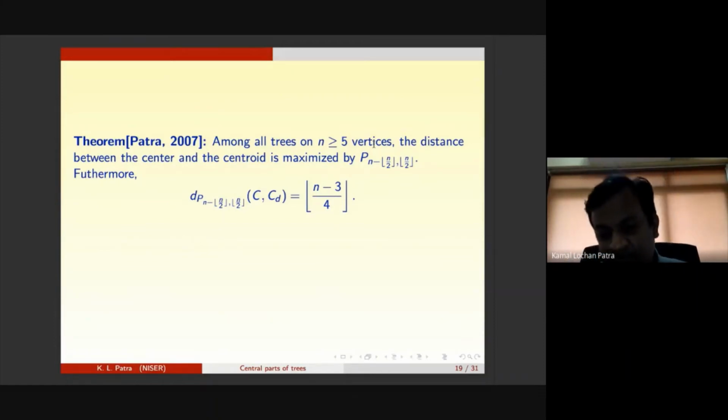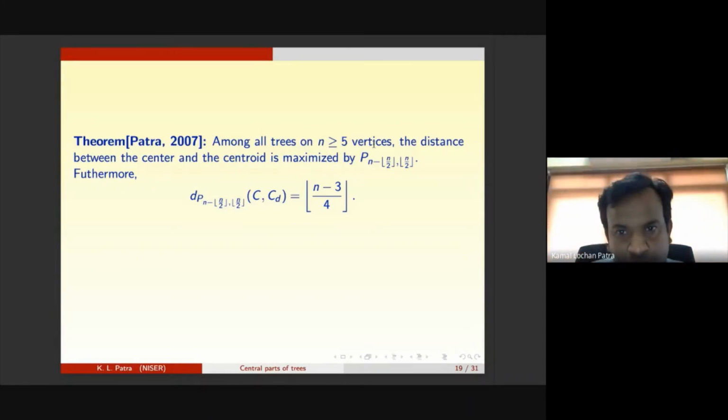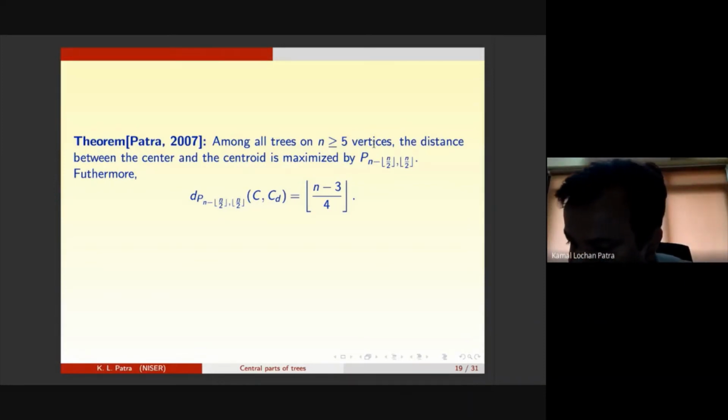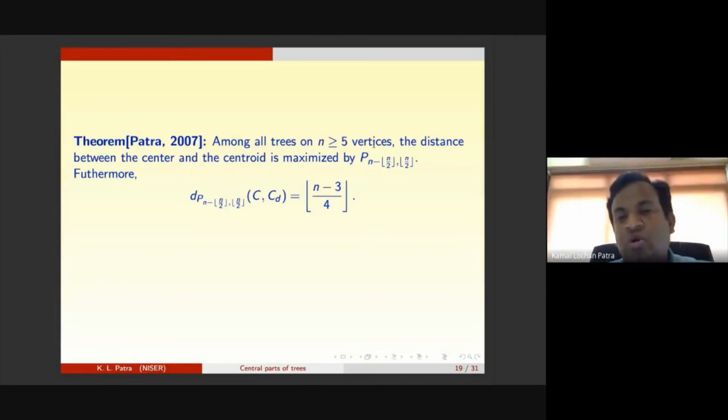The technique is that you start with a tree on n vertices and perturb it in such a way that we reach a path star tree P_{n-g,g} such that the distance between center and centroid in T is less than or equal to that in P_{n-g,g}.